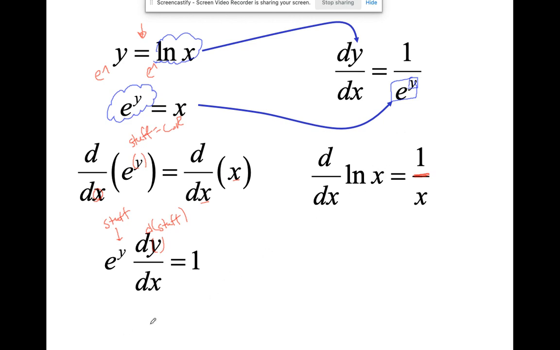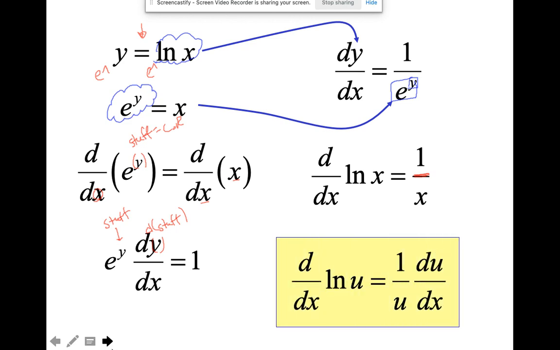Notice there's no stuff though. So what happens if I have the stuff? The derivative of the natural log of stuff is 1 over the stuff, times the derivative of the stuff.